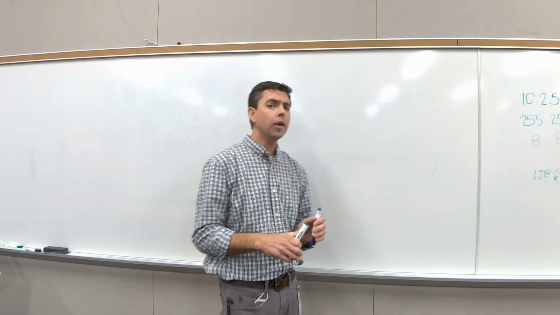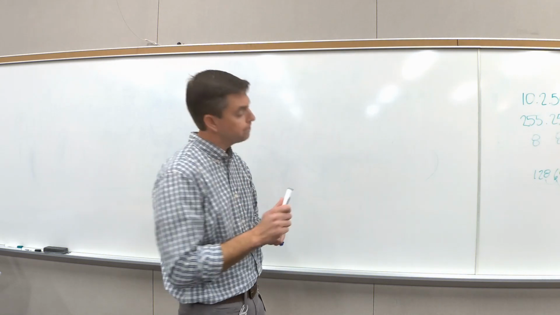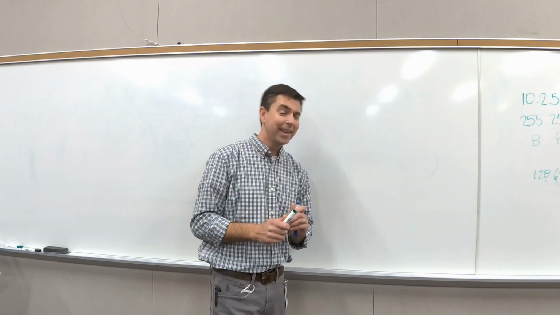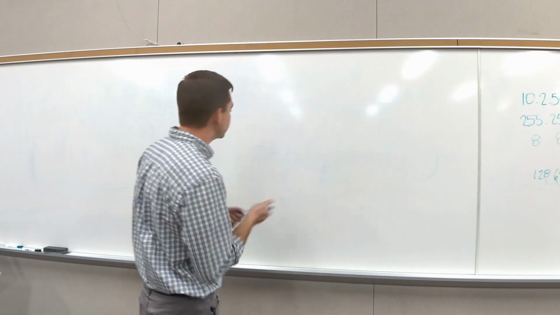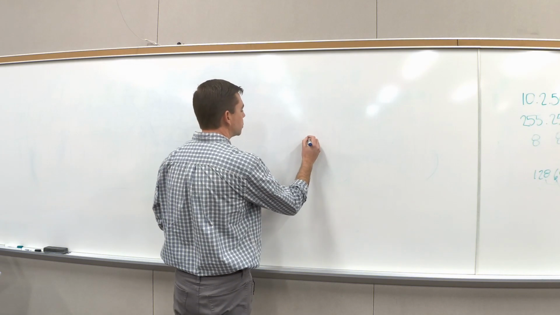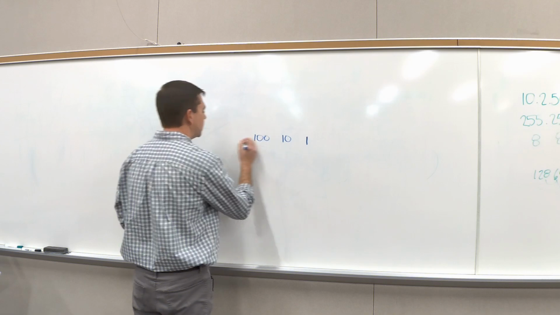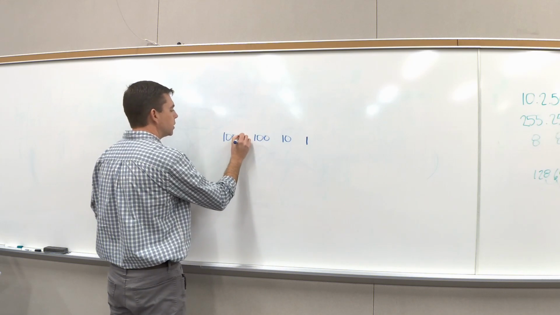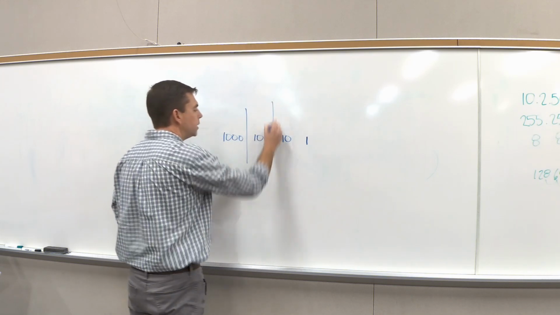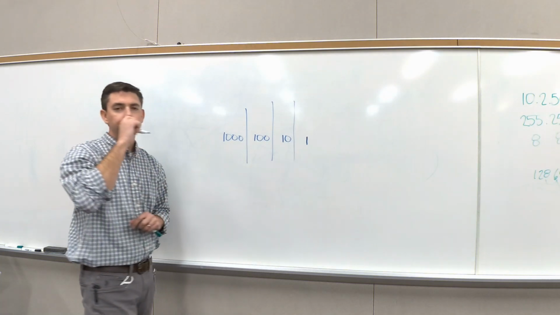So let's start off with some basics first. We're going to go back to grade school. And the system that we learned in grade school is the base 10 system. And one of the ways they taught base 10 was through place value.